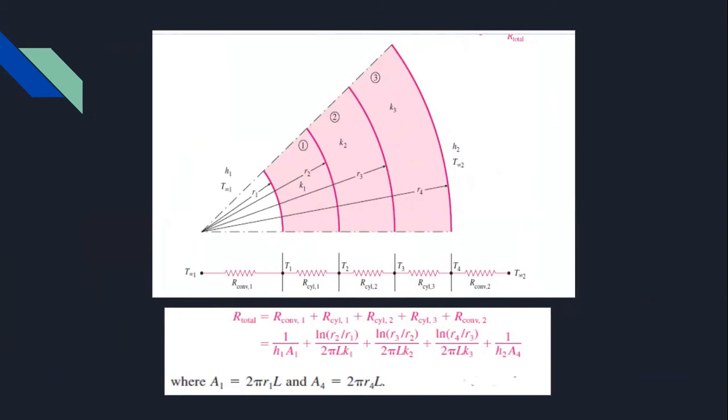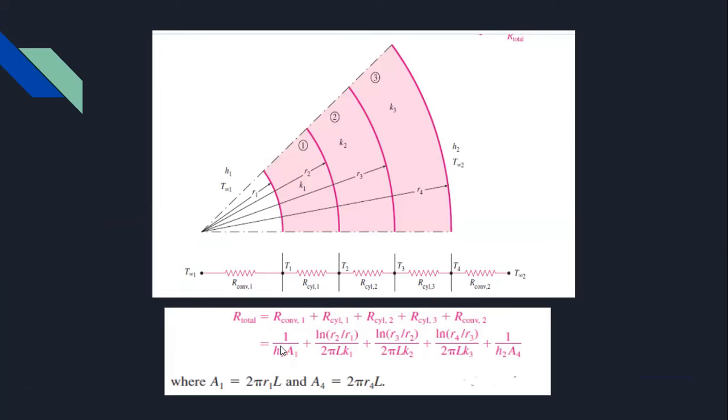So, to quickly summarize what we have learned through the derivation, we can see that it can be compared to the series network, a thermal resistance series network, where R total, that is, total thermal resistance, is equal to convective resistances plus conductive resistances of the surfaces.